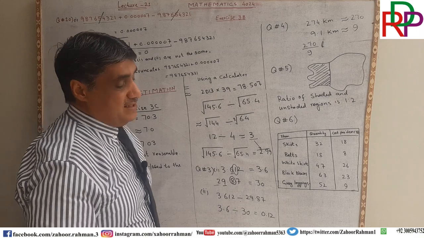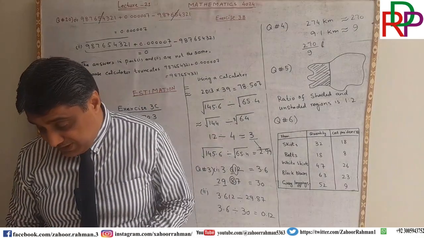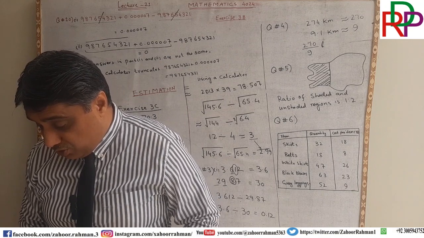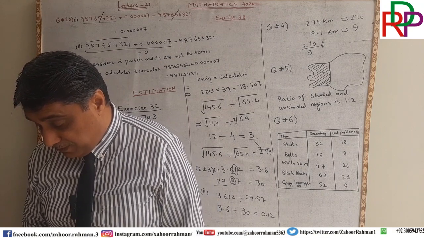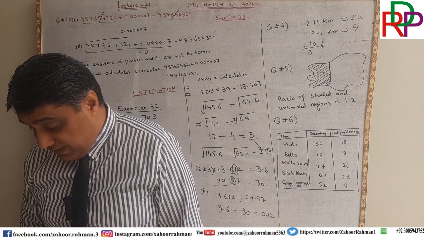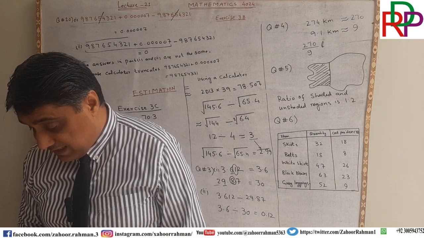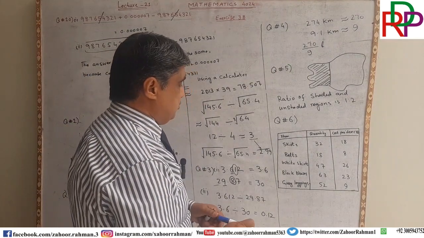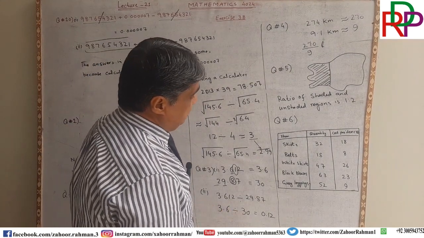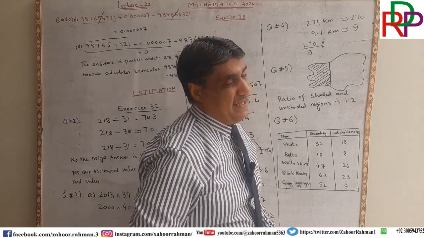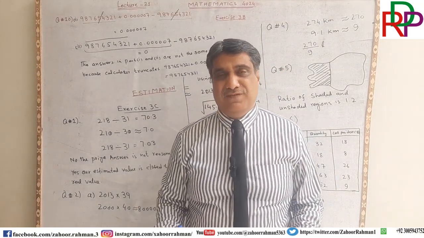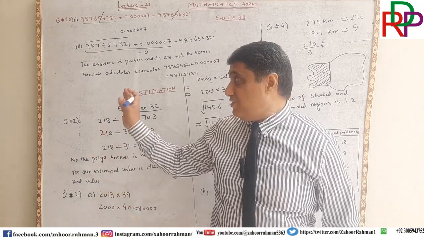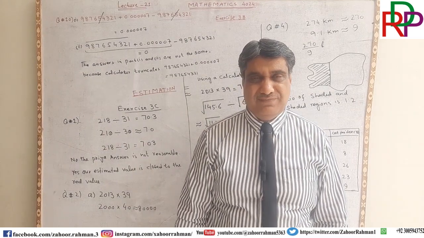So the question is saying, show how you estimate the total amount of money that the shopkeeper has to pay, giving your answer correct to the nearest $100. So the shopkeeper has to pay, and I have to stop the video for a moment. This is a long line, so I have to write it somewhere here.